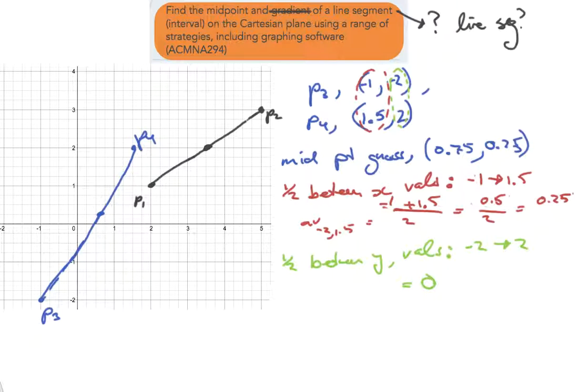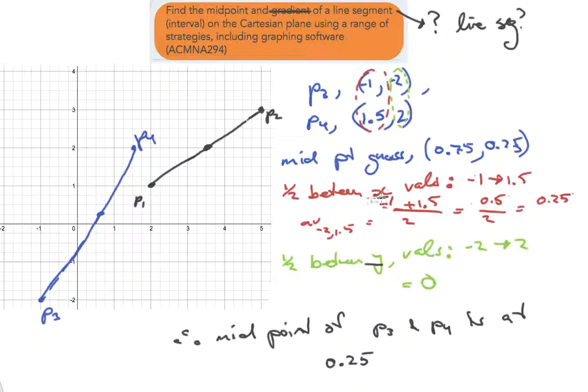So we can say, therefore, the midpoint of point 3 and point 4 is at x coordinate 0.25, x first, y coordinate 0. So we're actually at 0.25, 0 there. So that's how we find the midpoint of a line segment on the Cartesian plane. Great.